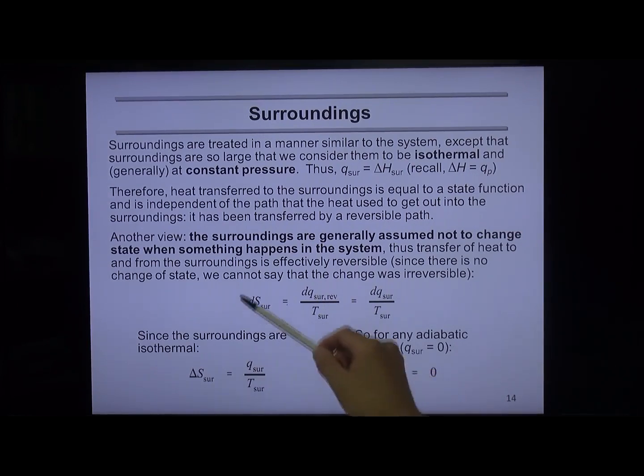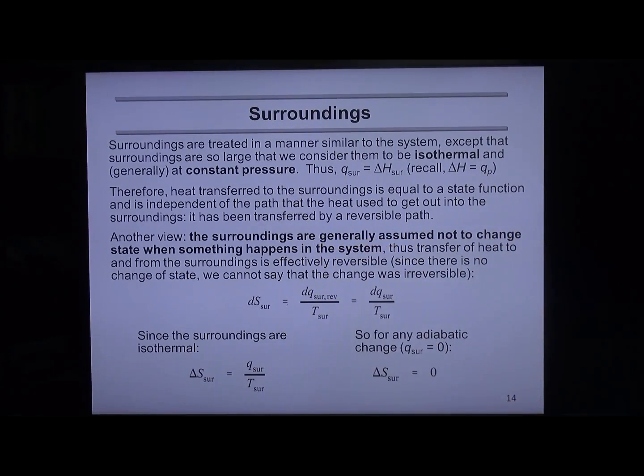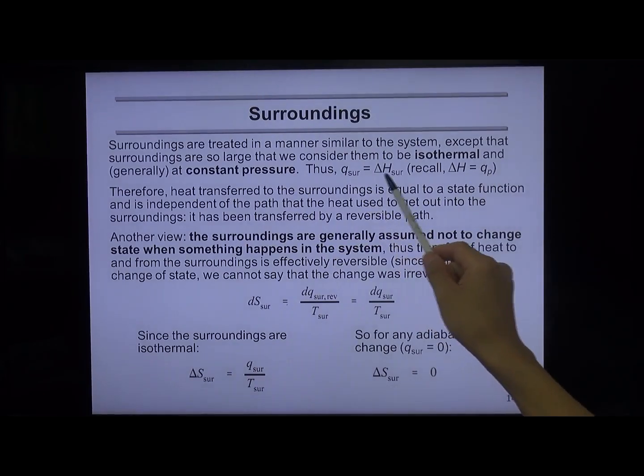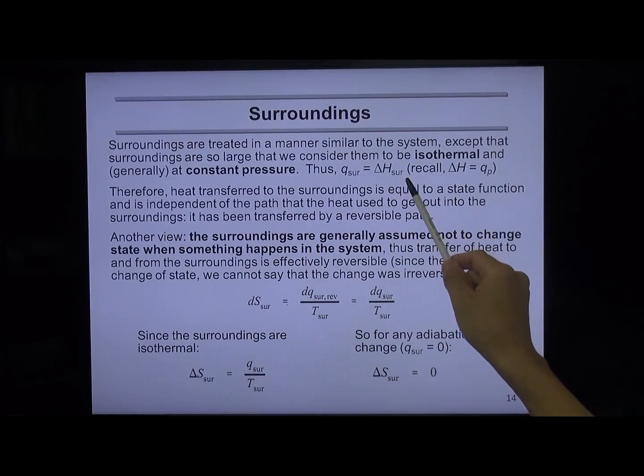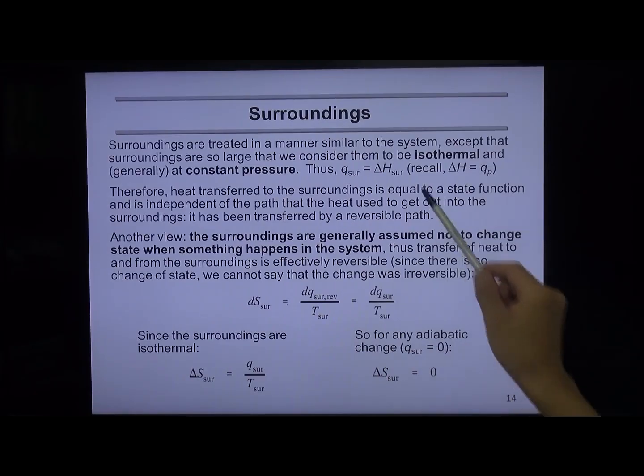This is the definition of entropy. But since surroundings are so large, they can be assumed to have constant temperature and constant pressure. The heat is the same as delta H, which is a state function. So this dq reversible doesn't need to be reversible. It could be just dq, because it is a state function.